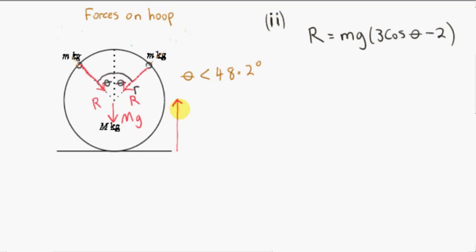What is the magnitude of this vector? Well, it must equal the magnitude of the weight of the hoop, which is vertically down, plus the sum of the magnitudes of the two vertical components of these two forces. So if I add these three vectors together, I'll get a vector pointing downwards with a magnitude equal to this vector here. So I will call this vector n. Okay, what's the magnitude of the vertical component of this force?